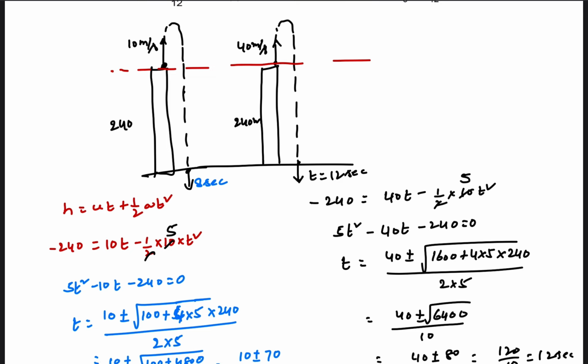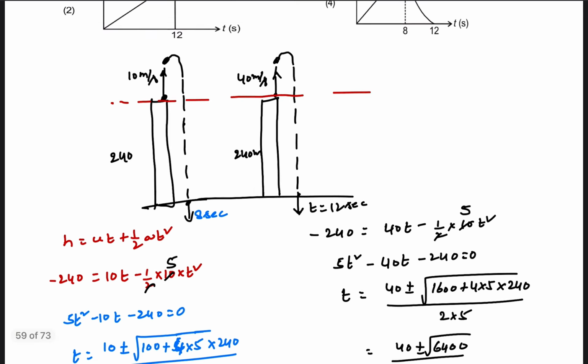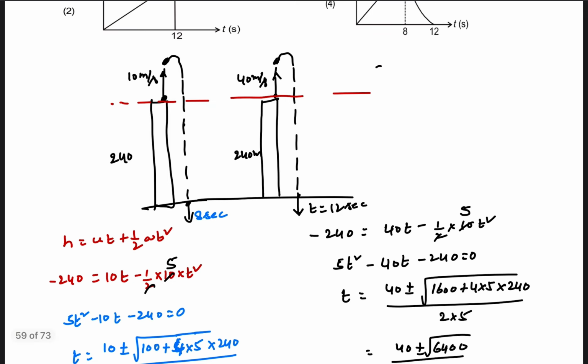Okay, if you see up to this, suppose any body is located here or here, in that case what is the relative acceleration? A relative from t is equal to 0 to t is equal to 8 seconds.